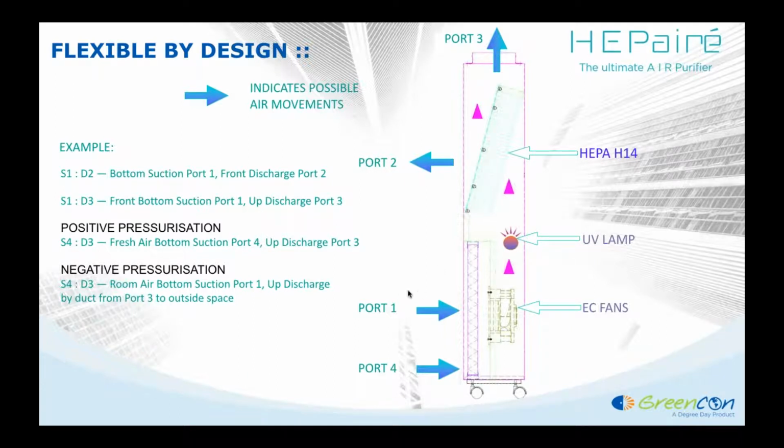This can also be used for negative pressure because from port 1 you can have the suction duct connected to the front of it and have port 3 connected to move air out from the room, or could allow it in the recirculation. You can also have a case where you have a room circulation going on and you add a part fresh air port at the suction of the machine to allow part of the air to get sucked in from outdoor air to add further fresh air.